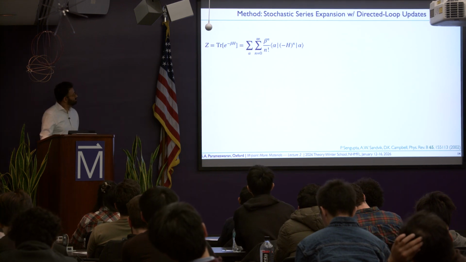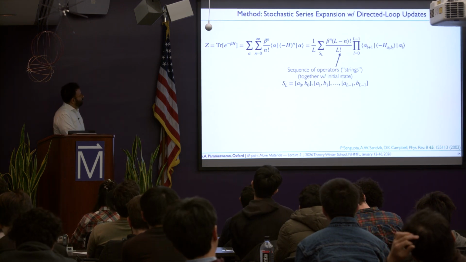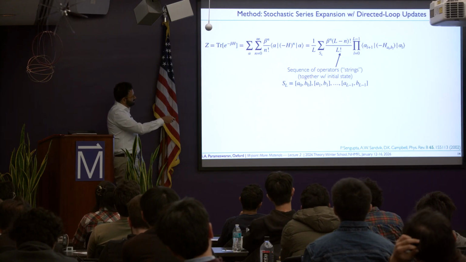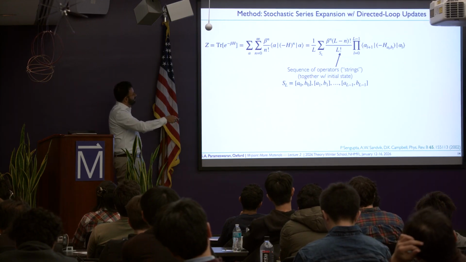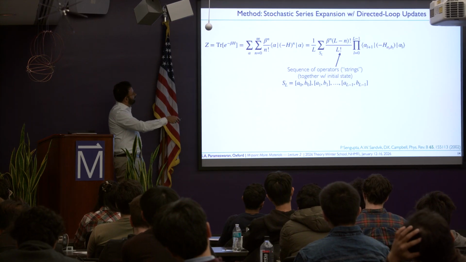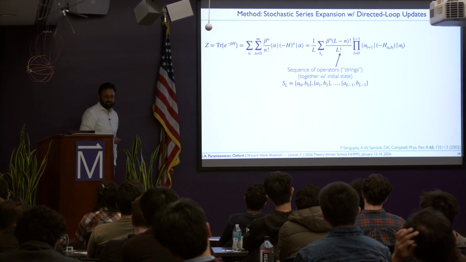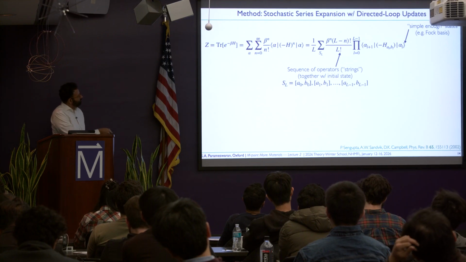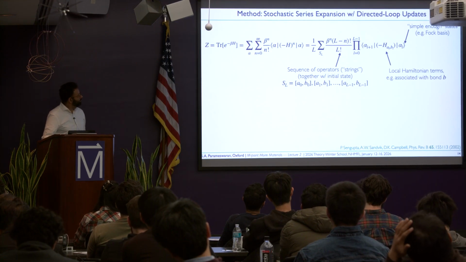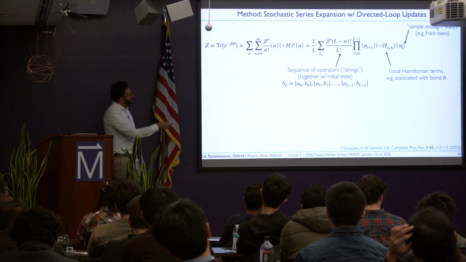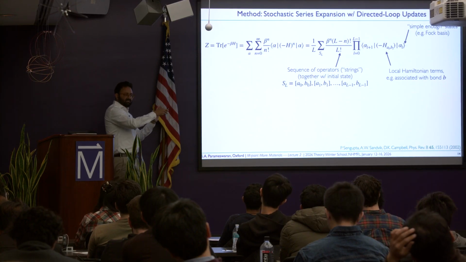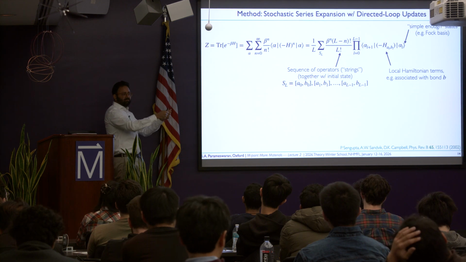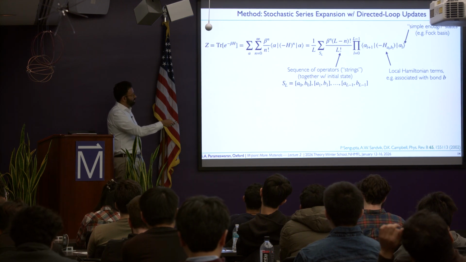So what does this mean? I'll expand it out. What it says is that I can rearrange the computation of the partition function. I can think of this as computing a set of operator strings. If I have simple enough states, if I work in the Fock basis, and I think about local Hamiltonian terms, the Hamiltonian is just a sum of terms that act on different bonds. So a term in the series expansion is just a product of terms on bonds.